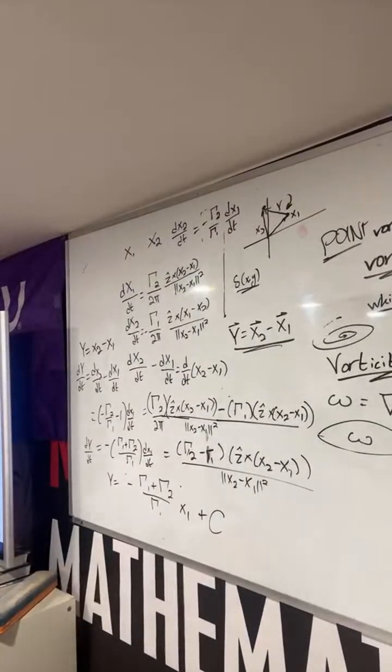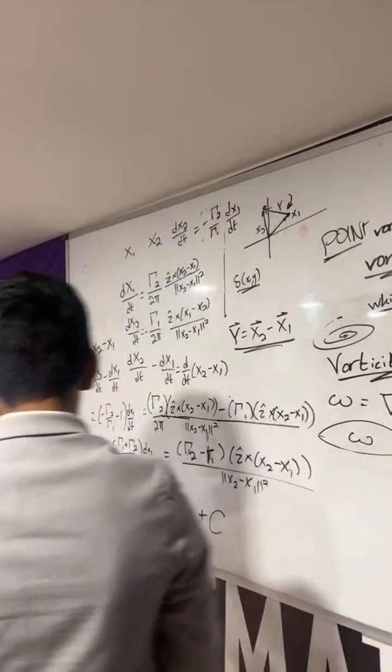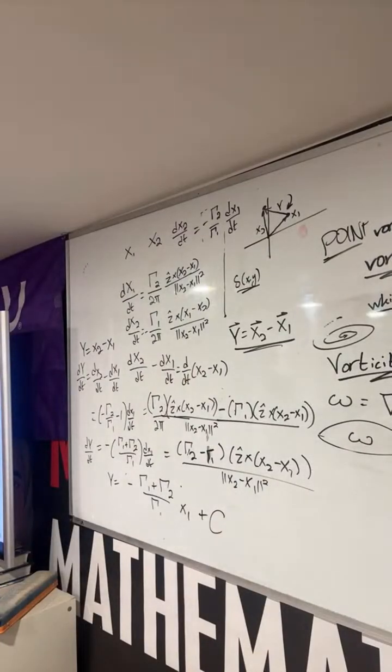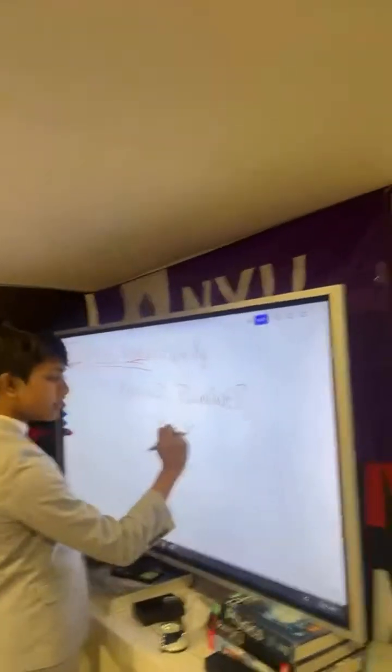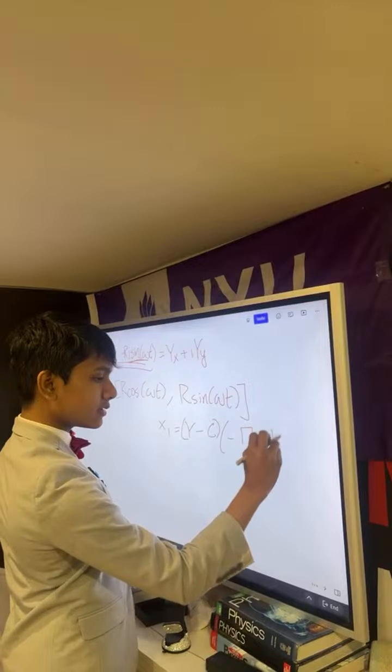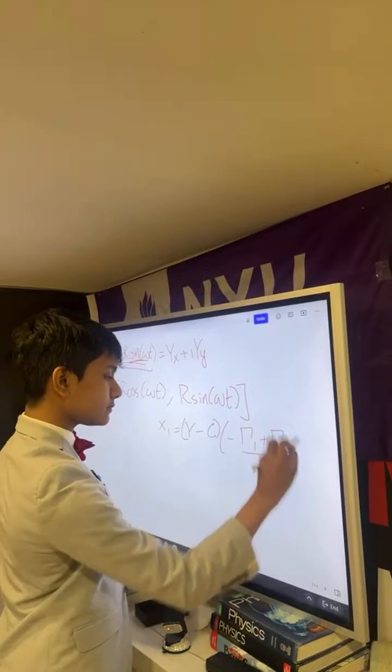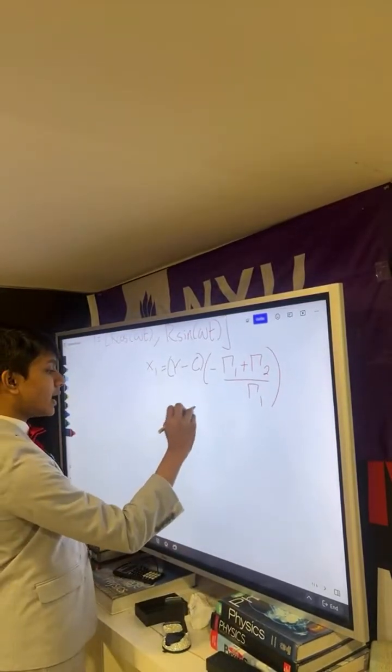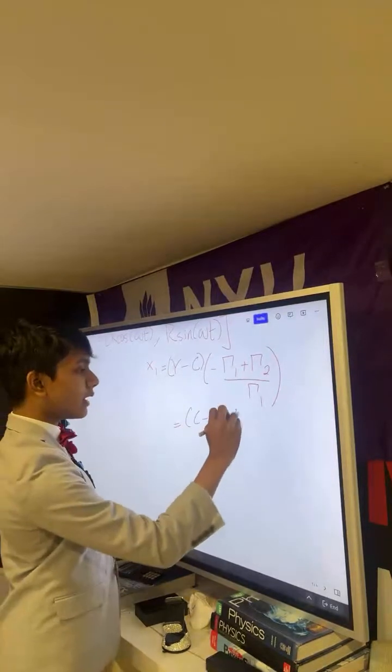So what does that tell us? X1 is equal to y minus C multiplied by minus this. So C minus y multiplied by this.